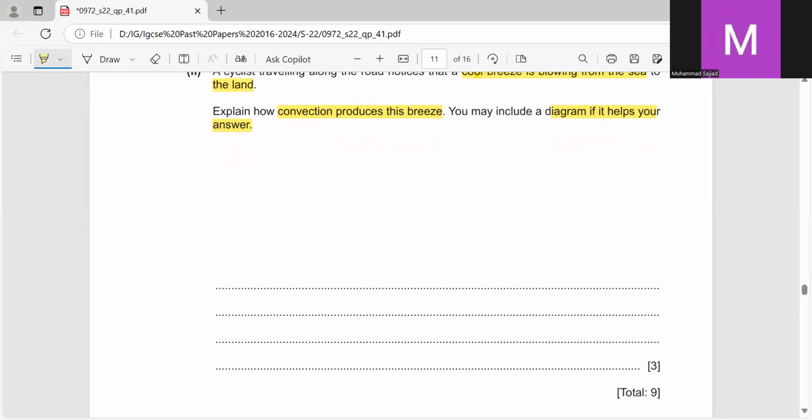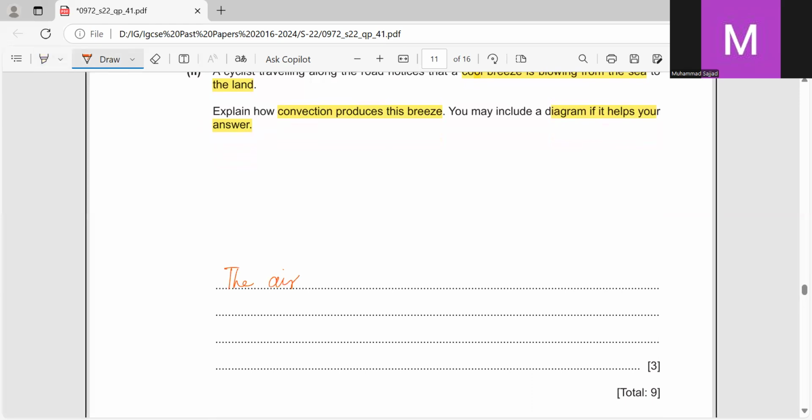We will say the air above the road gets hot. It becomes less dense and rises up.